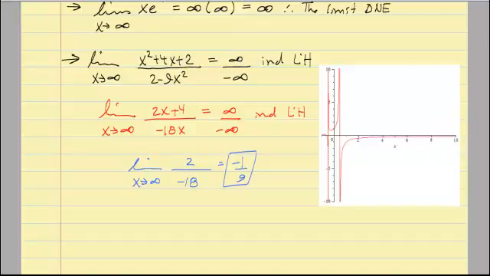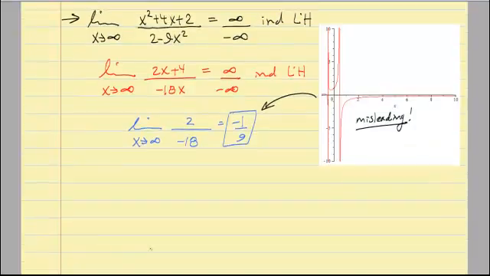But it actually is not. We can see from our work that this limit is actually negative 1/9. So this graph is a little bit misleading. If you plug the limit and the function into Maple, instead of just looking at the graph, you get negative 1/9 as well.